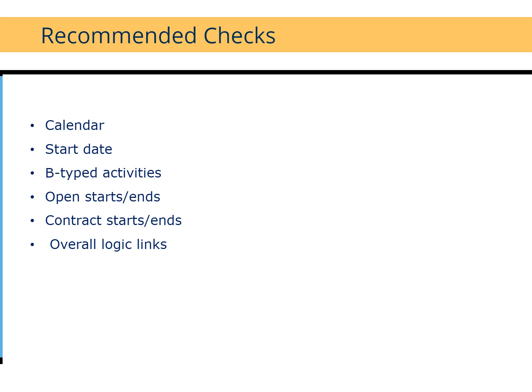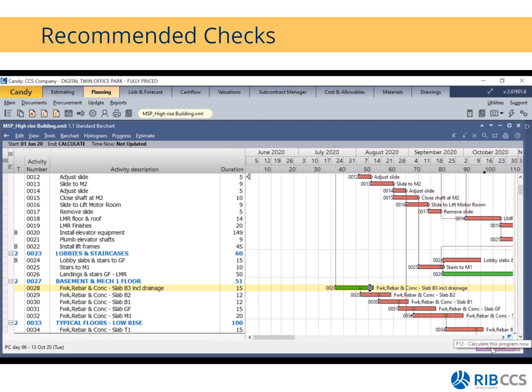Now I'm going to switch back to Candy and hit calculate. You will also see that whenever you make a change on the program, whether I increase or decrease my duration, the calculate button will turn pink, meaning that you've made a change and the system requires you to hit the calculate button to enforce that change. You'll also see that the bar changes its color. We have the red, which indicates critical activities.